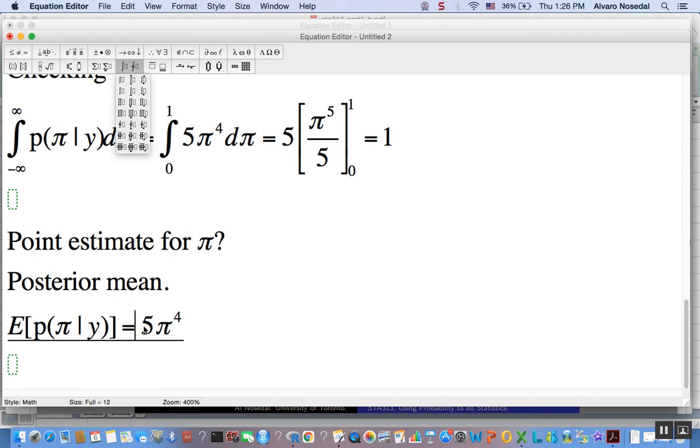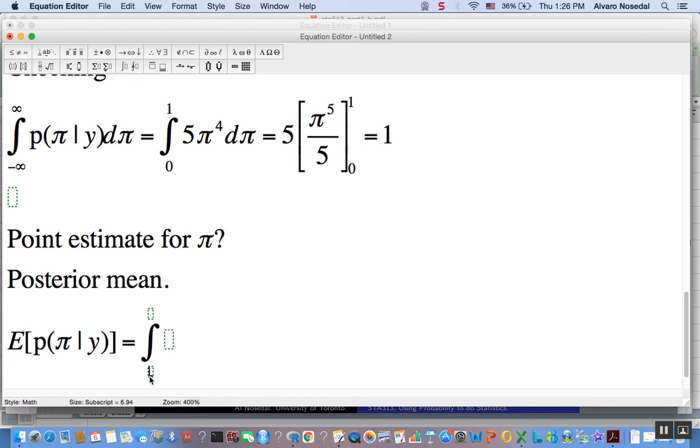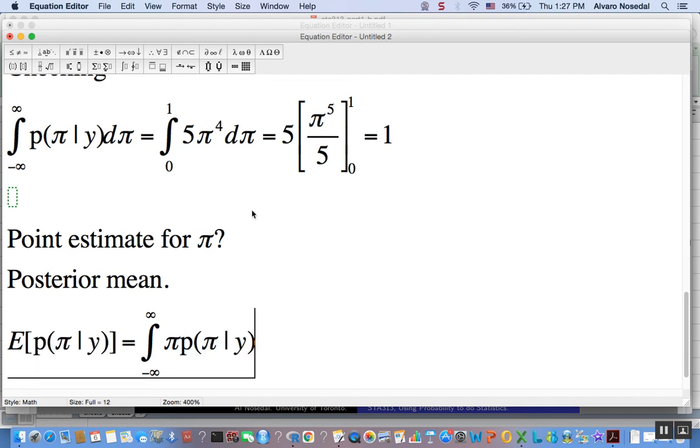Well, first, let me say something. If we start from the definition, it would be the integral from negative infinity to infinity of pi times your posterior distribution, and we're integrating with respect to pi.